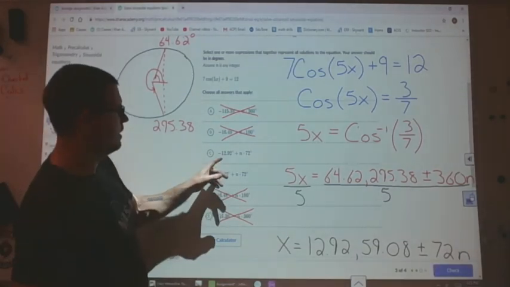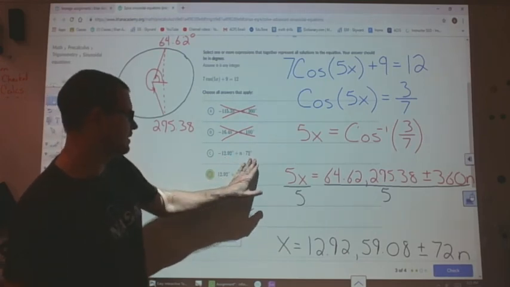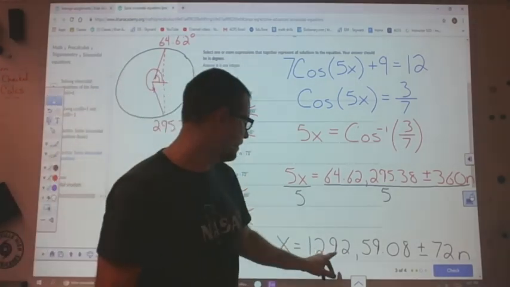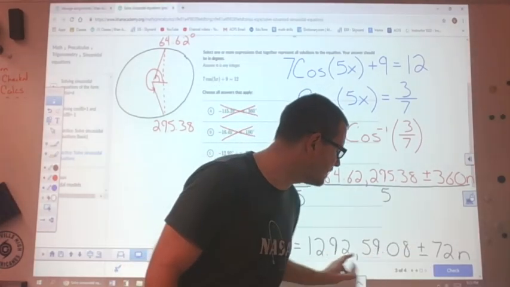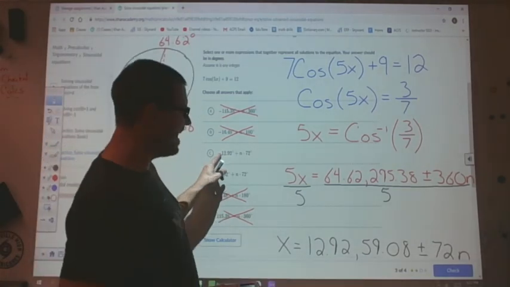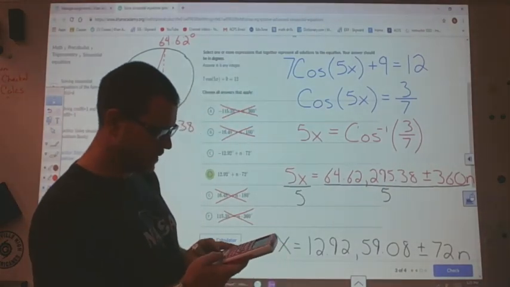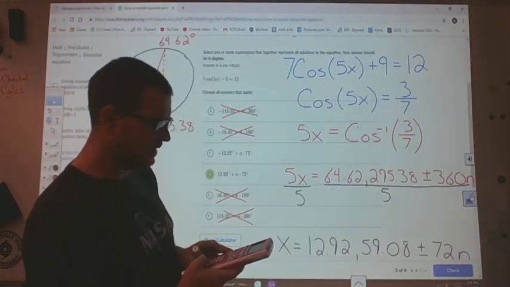And this negative 12.92 plus or minus 72 n. Well, let's see, because we have that plus or minus, these might not be the only ones. Let's see what happens if we move through that system. It's negative, so I'm going to do the subtracting part. 12.92 minus 72 is negative 59.